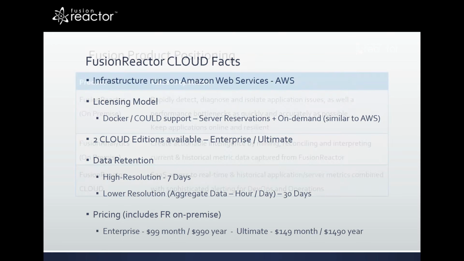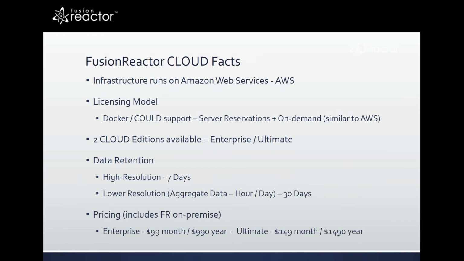It's sold separately to FusionReactor, but Fusion Analytics basically takes all the log data that's been provided by FusionReactor and analyzes it, generates a lot of reports, some very detailed reports, and sends out emails on that information, and lets you analyze data across potentially days, weeks, months, or even years.